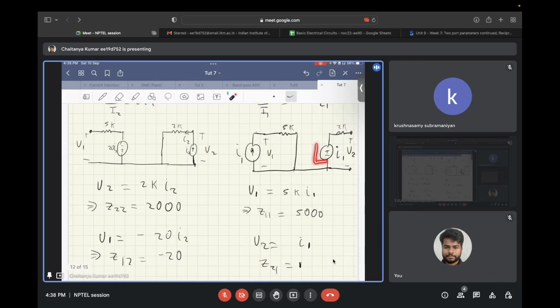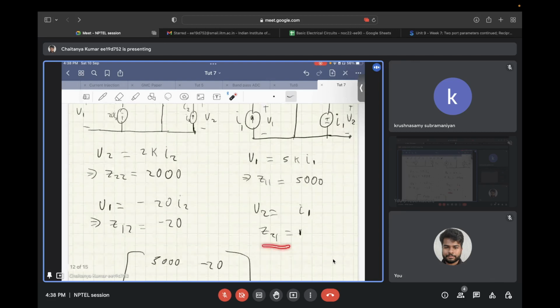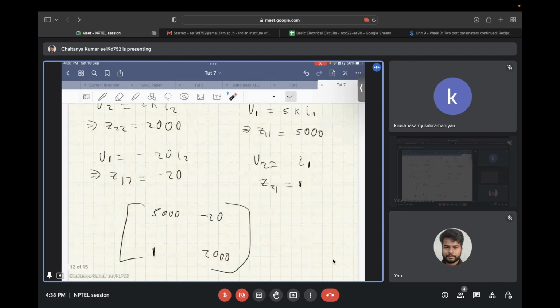This current controlled voltage source has a gain of unity, and no voltage is developed across this 2 kilo ohm resistance. So V2 is equal to I1, and Z21 comes as 1. So this is the Z matrix that we get: 5,000, minus 20, 1, and 2,000.